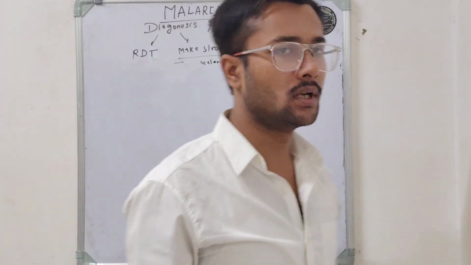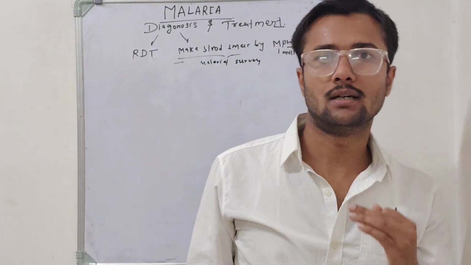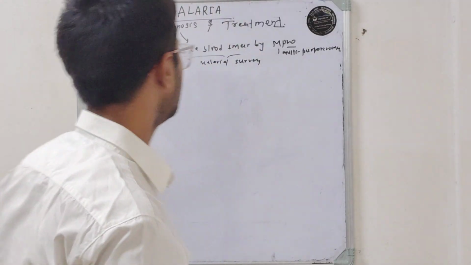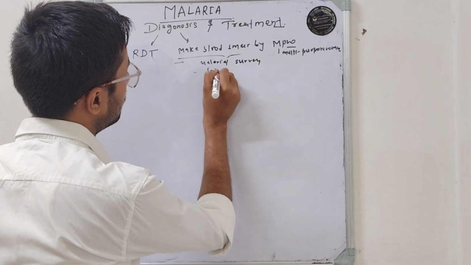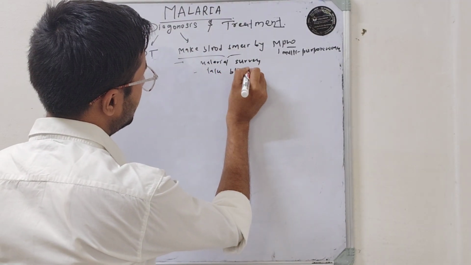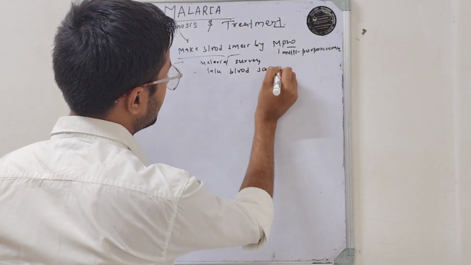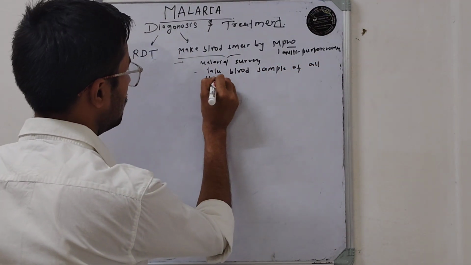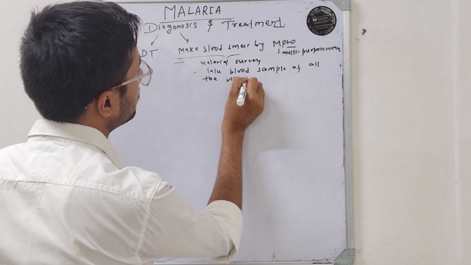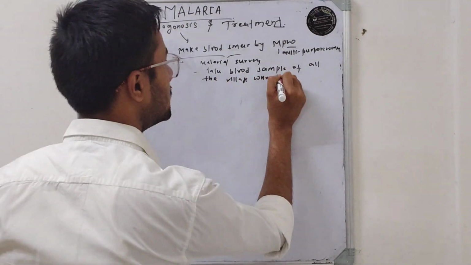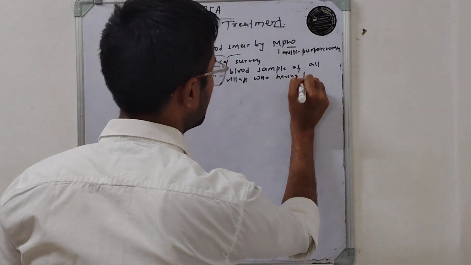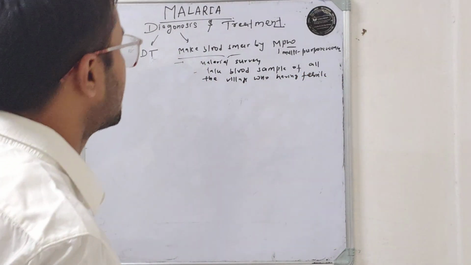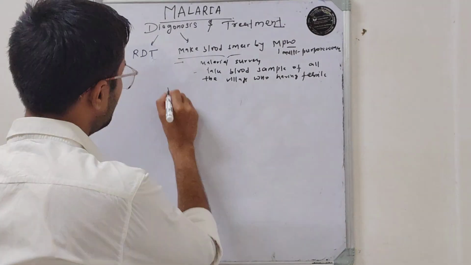When they go to the village every 14 days, they take blood samples of all the villagers who have a fever. So what do they do after taking the blood? After taking the blood sample, they make two slides.